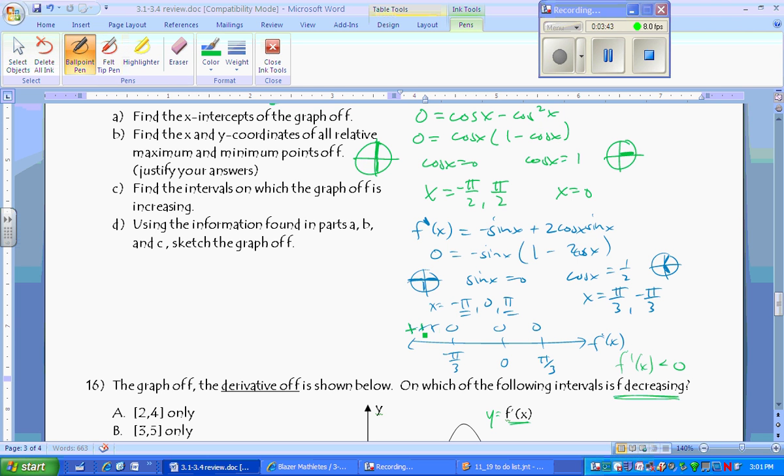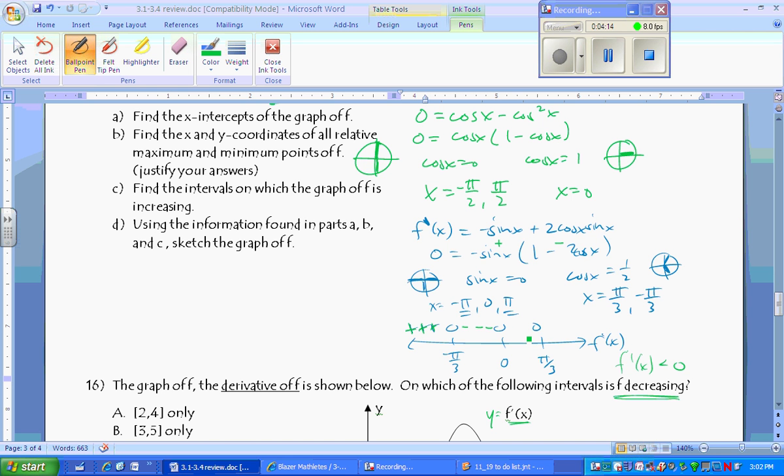Sine of negative pi over 6 would be a negative number, but times the negative would make that positive. And then 2 times cosine of negative pi over 6, which is square root of 3 over 2, so 2 times square root of 3 over 2 is square root of 3. 1 minus square root of 3 is going to be a negative number.